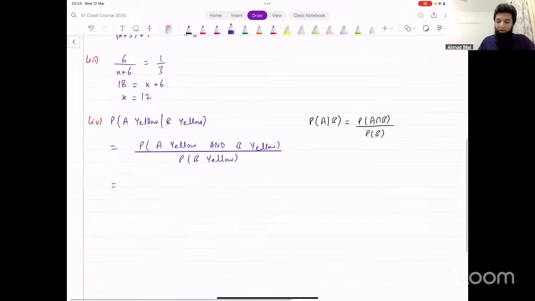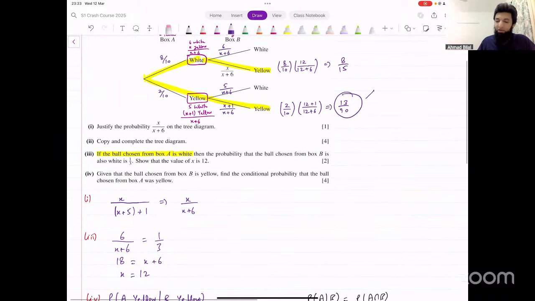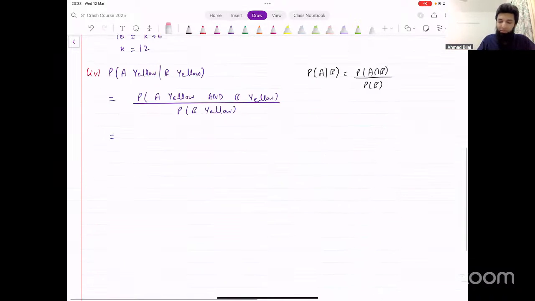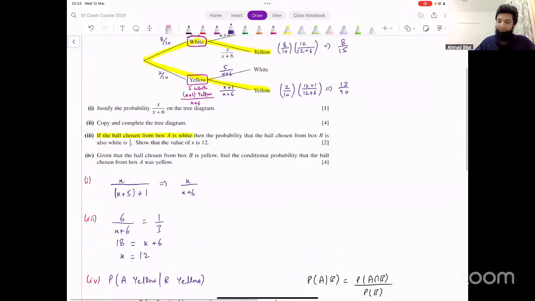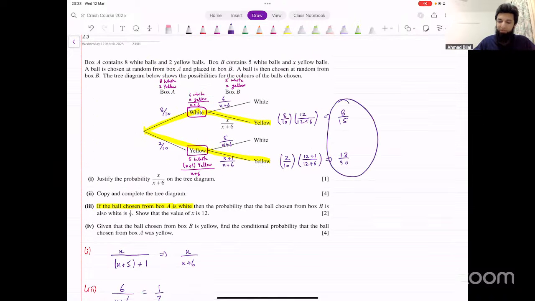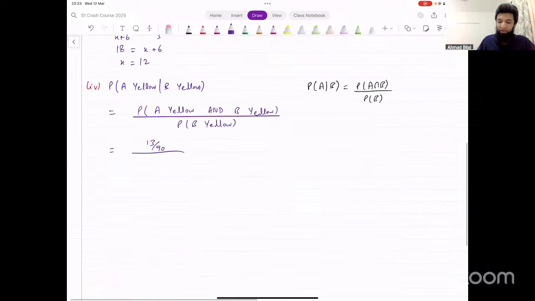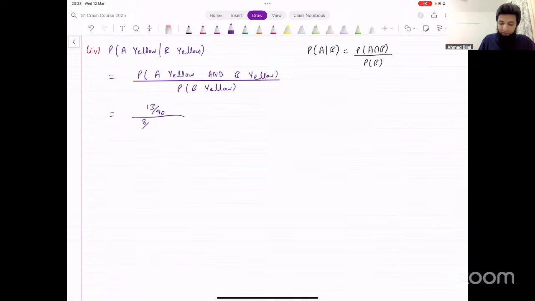In the numerator, we have the probability of both being yellow. That's 13 over 90. That's what we have in the numerator here. 13 over 90 divided by both of these cases. So we add them up together. It's either this case when the second ball is yellow or this case, there's an or between them. So we add these probabilities. In the denominator, we have 8 over 15 plus 13 over 90.